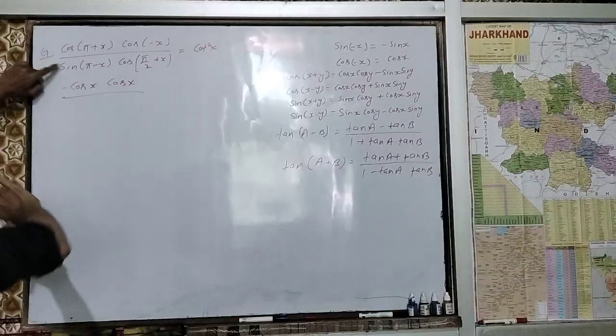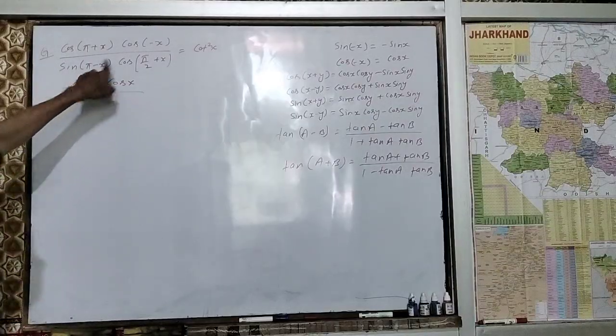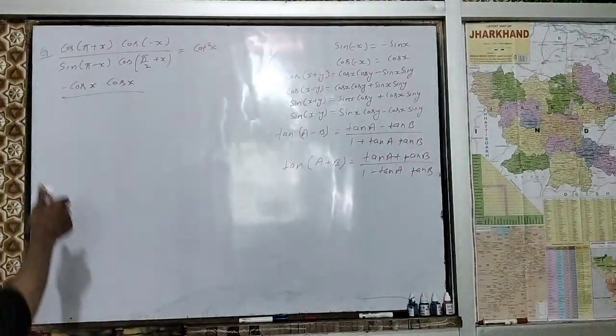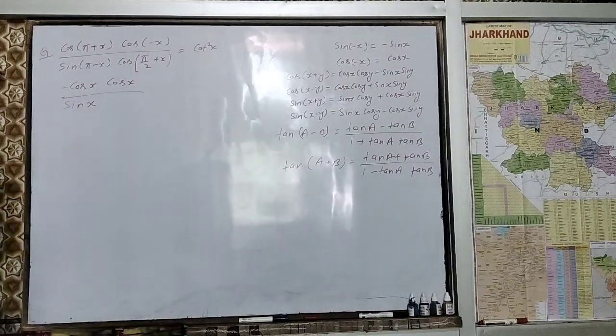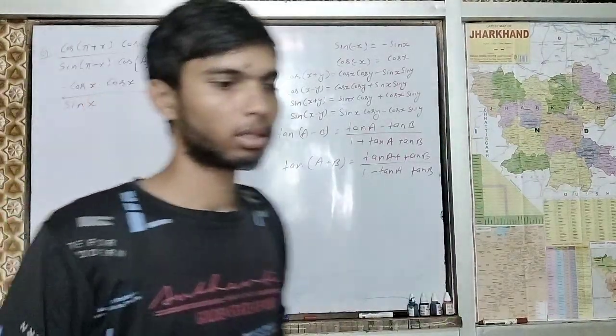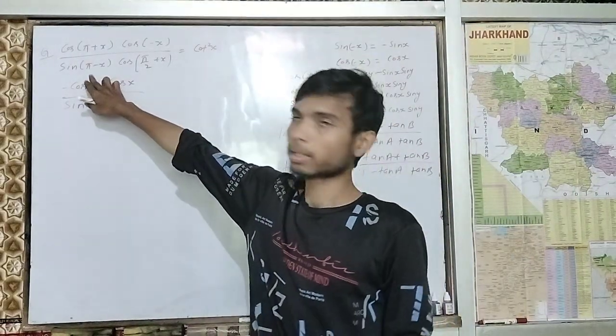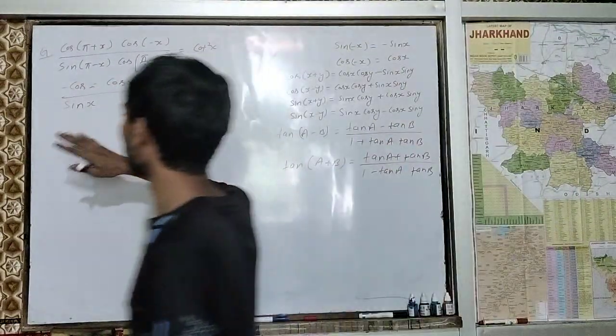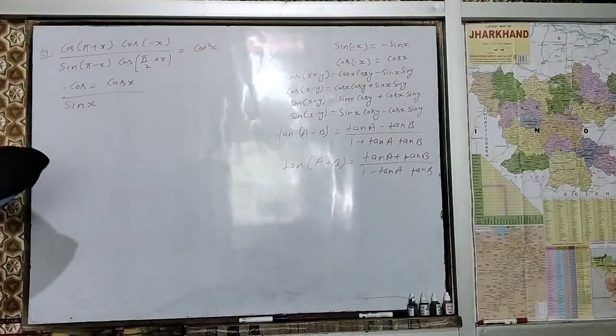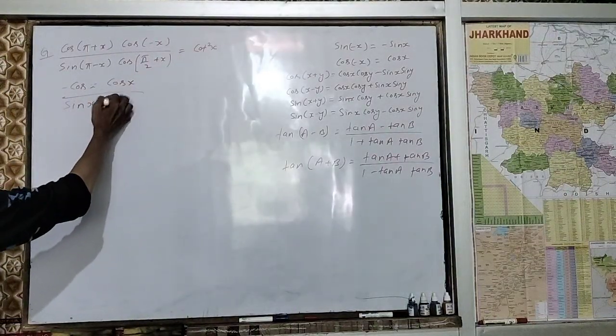So this is giving you cos x upon sine. It is in the second quadrant, and sine will be positive. Here 180, so that's why sine will be as it is. It will not be converted. Next cos. Yeah.